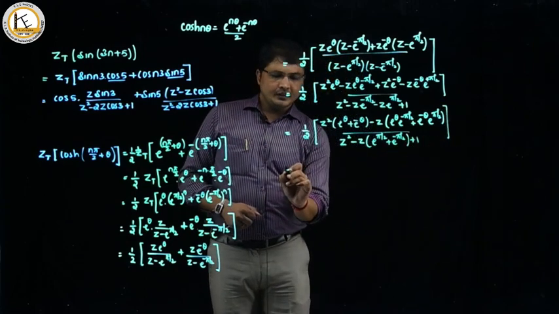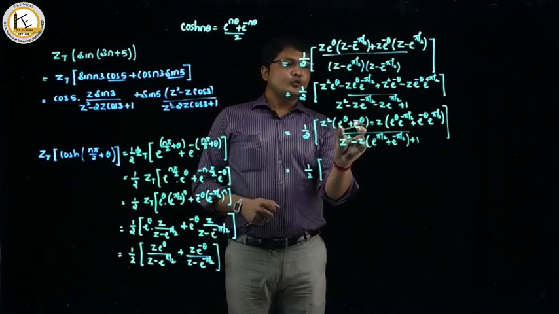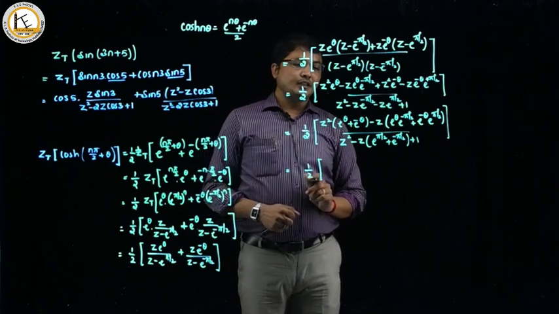So simplifying further, we have 1 by 2 into bracket. Obviously e raised to iθ plus e raised to minus iθ will be cos θ.